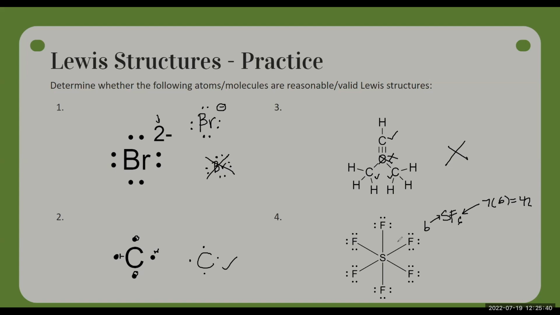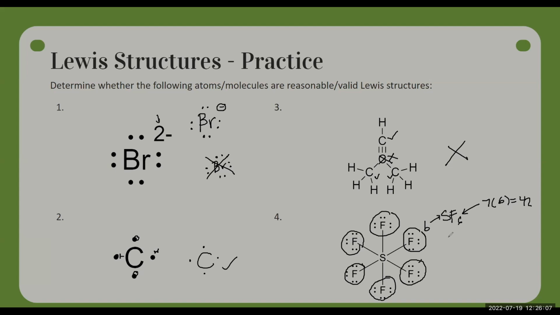So then if we do a little count, we can do 2, 4, 6, 8 right here. So fluorine has a total of 8. We can do another one, 8, 8, 8, 8, and 8.